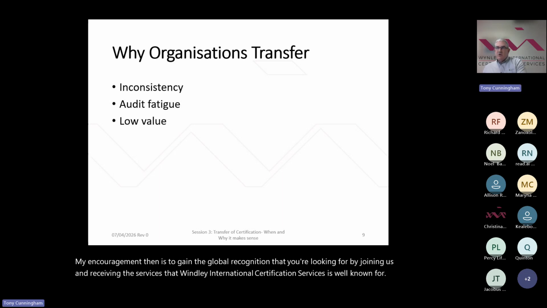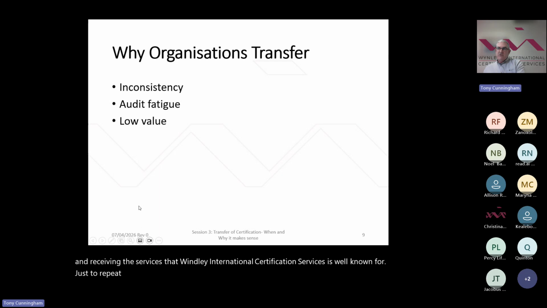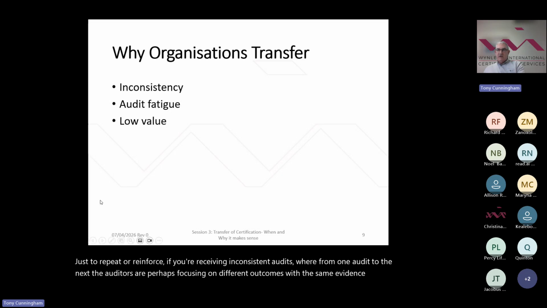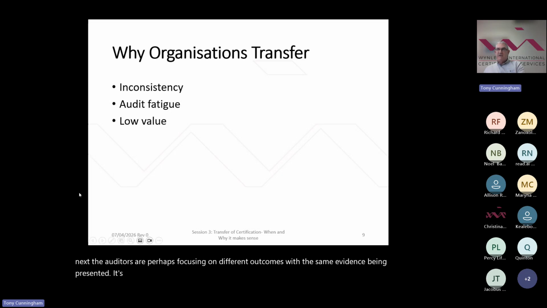Just to reinforce, if you're receiving inconsistent audits where from one audit to the next, the auditors are perhaps focusing on different outcomes with the same evidence being presented, it's not what you deserve. There's another perspective also that causes organizations to transfer.